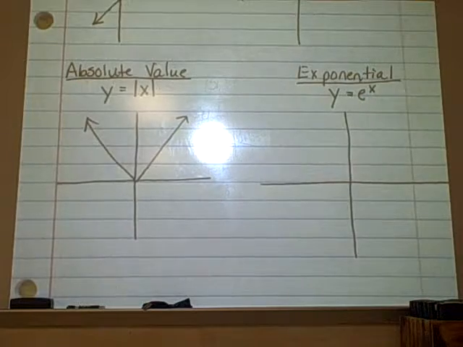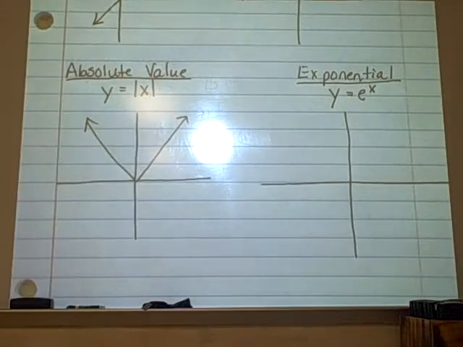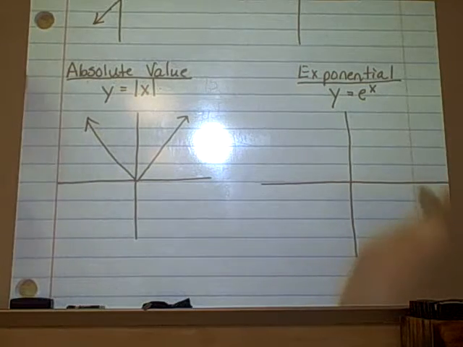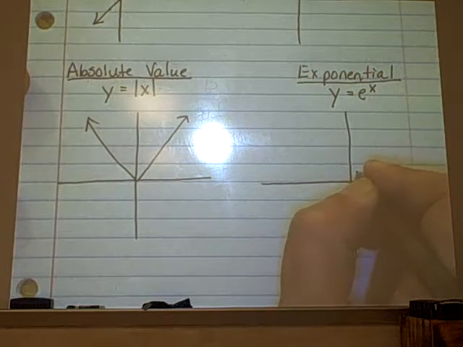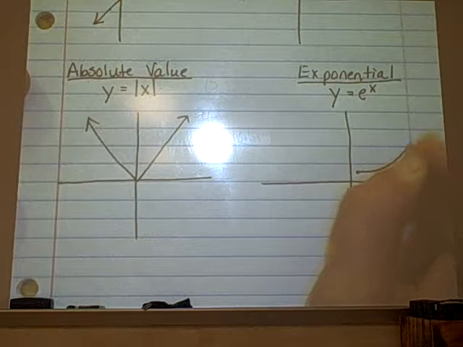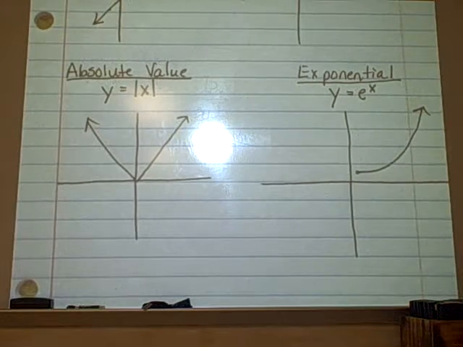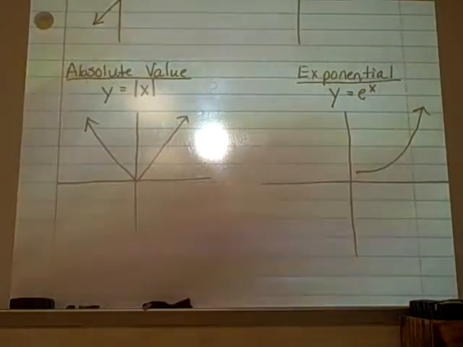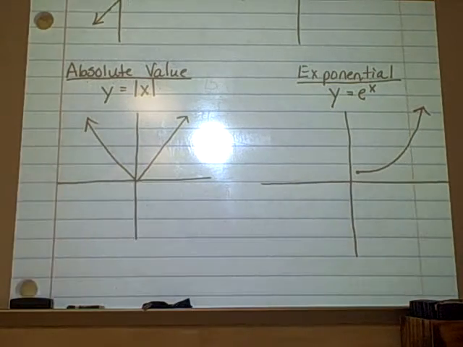This is the only one of these parent functions that doesn't go through the origin. The only one. This one looks like this. It starts at the 1 and it starts up there and it curves up like that. That's an exponential one. You don't need to know much about it other than that's what it looks like, and that's what it's called. Okay, exponential, so it curves up. That's all you need to know about that.